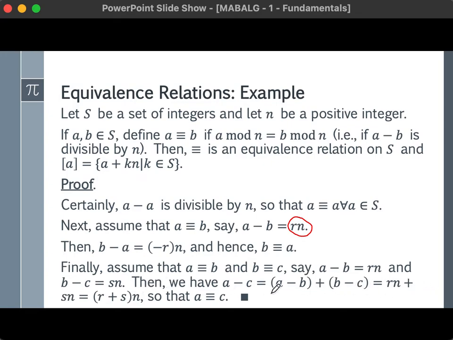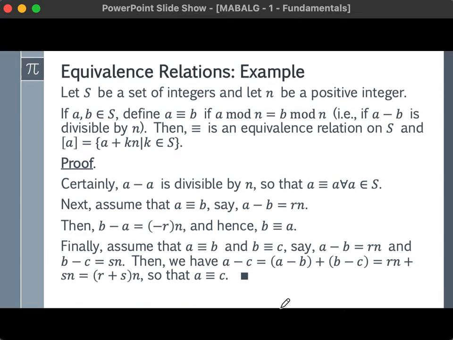So we have rn plus sn, and the common factor is n, so r plus s times n. We therefore say that a is indeed congruent to c. So that's one example of an equivalence relation.